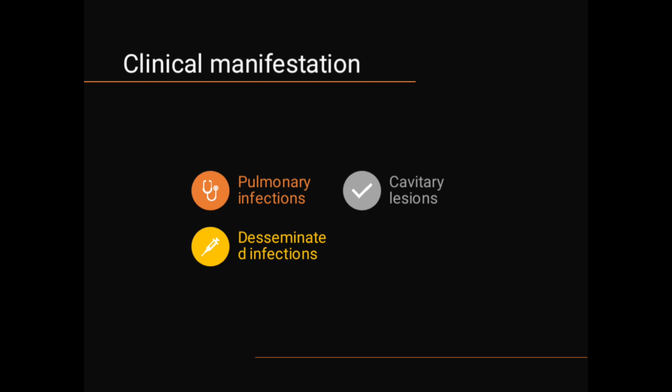And the last one is disseminated infections. While less common, Mycobacterium kansasii can disseminate beyond the lungs, particularly in individuals with immunocompromised immune system. This may lead to systemic symptoms including fever, weight loss, and involvement of other organs.